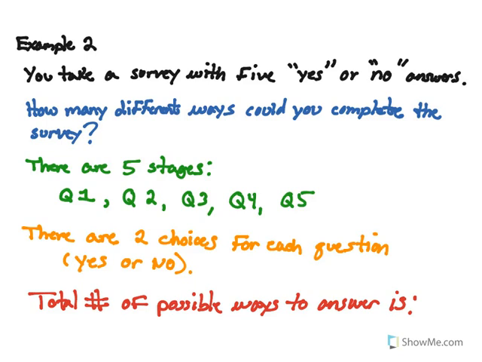Well, no, because each question contains 2 responses. So you have to multiply those 2 responses with the next 2, the next 2, the next 2, and the next 2 for each question. If you just do 5 times 2, then you're not accounting for the other yes or no questions. It's not enough. You have to do each question separately. Each question is yes or no, so that has 2 responses.